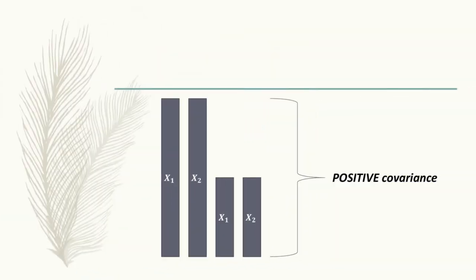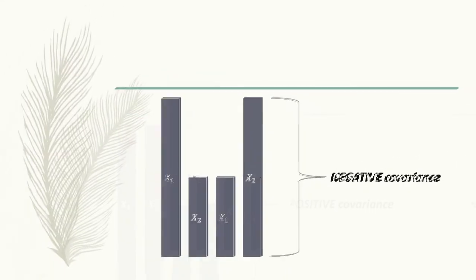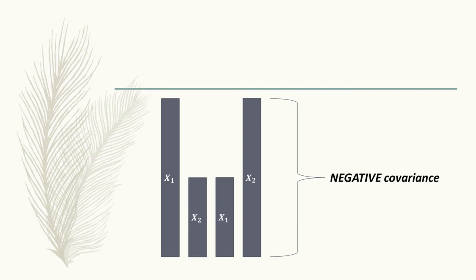The covariance helps us assess the relationship between two variables in the following sense. If x sub 2 tends to be large when x sub 1 is large and small when x sub 1 is small, then x sub 1 and x sub 2 will have a positive covariance. If, on the other hand, x sub 2 tends to be small when x sub 1 is large and large when x sub 1 is small, then the variables will have a negative covariance.